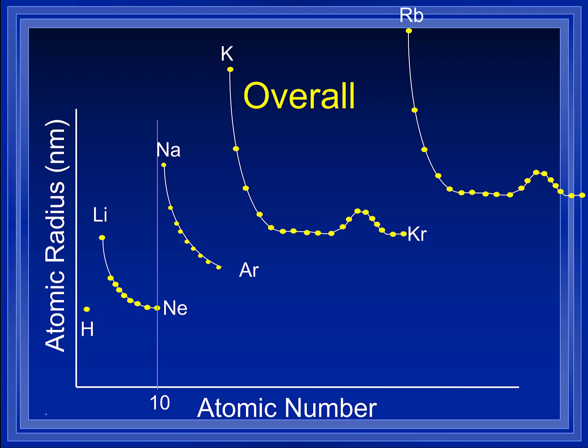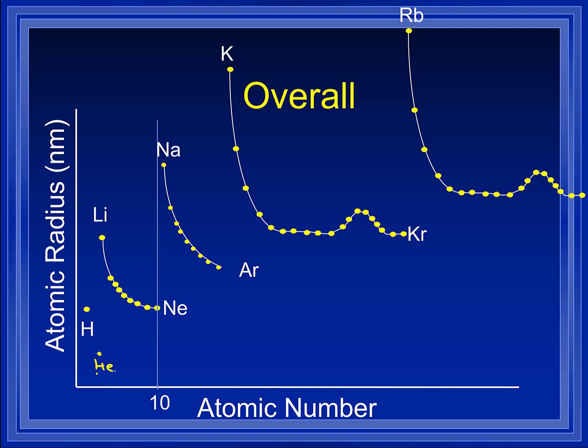Okay, helium I can compare to H. So it's got to be smaller than H because it's got more protons pulling in that first energy level. Or I can compare it to neon. And it's got less energy levels, so it's smaller. So either way I look at it, helium's got to be down here. You okay with that? Okay.